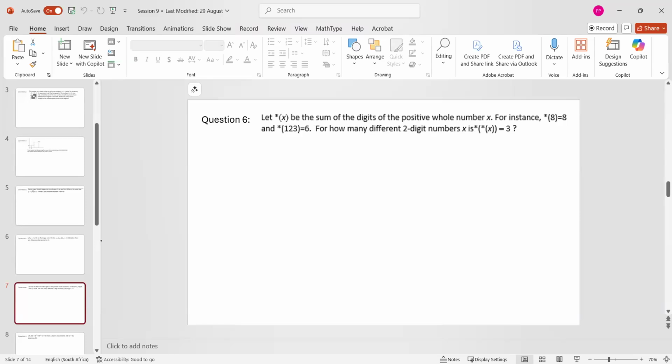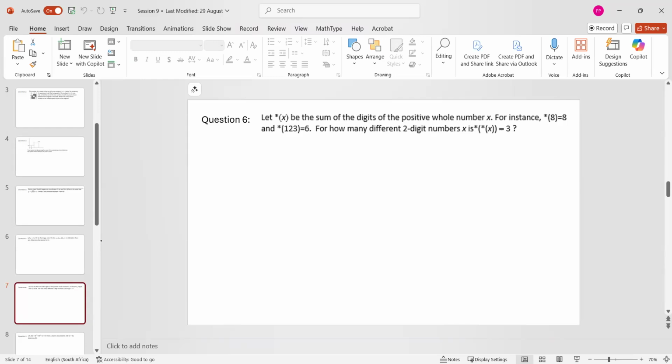When you put brackets around it, it's a rule which takes x into its sum of the digits. So star takes 8 into the sum of the digits. There's only one digit, so it's 8. But here, star of 123 takes 123 into the sum of the digits, which is 6.